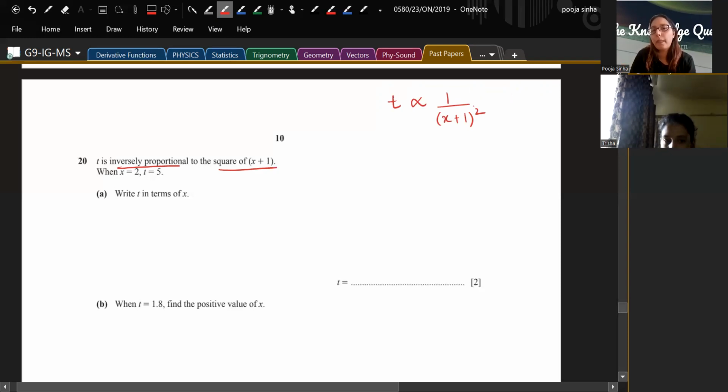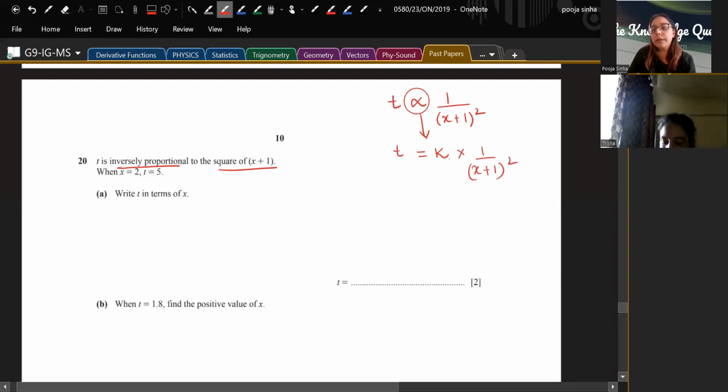Clear hua? Okay. Now we can never solve this with this proportionality sign. So what we do is remove it and put a K. You replace this with this multiplied by 1 upon X plus 1 whole square.